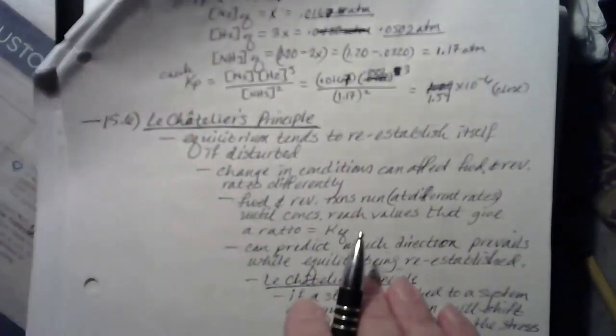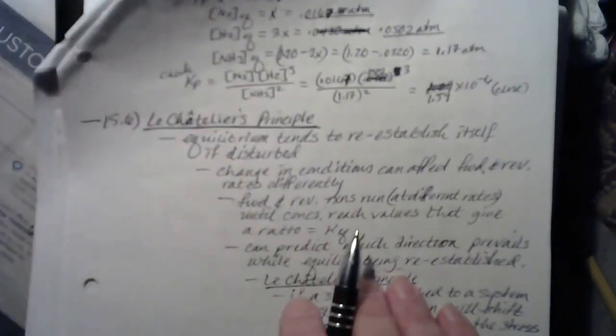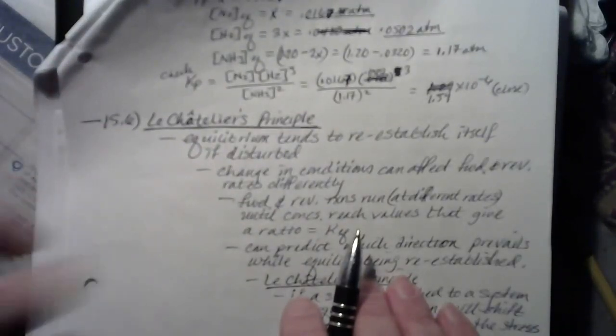One of them will run forward and one of them will run backwards, until the concentrations reach a value so that the ratio of products to reactants is once again equal to the equilibrium constant. So the concentrations of products and reactants after the system is disturbed will be different from what they were before, but the ratio of products to reactants will be the same as it was before. That's the important thing.